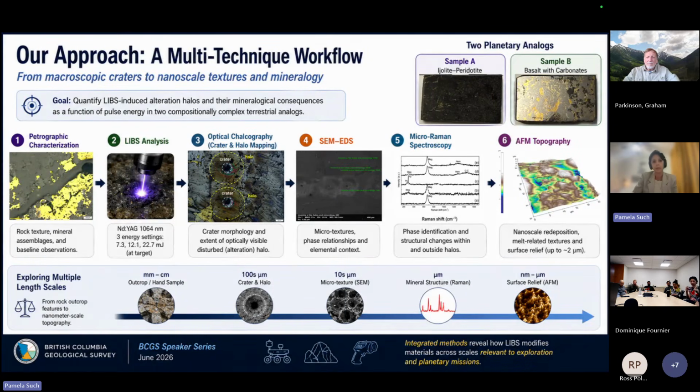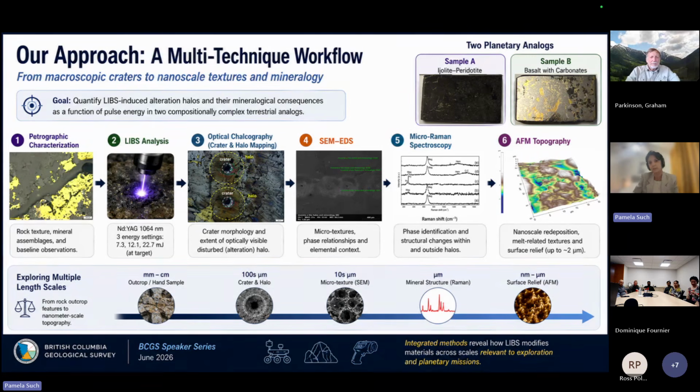Sample A was an ophiolite peridotite, and sample B was a basalt with secondary carbonates. We performed a petrographic characterization, then we performed the LIBS analysis on the sample. We took it again to the optical microscopy and mapped the craters of the LIBS ablation.